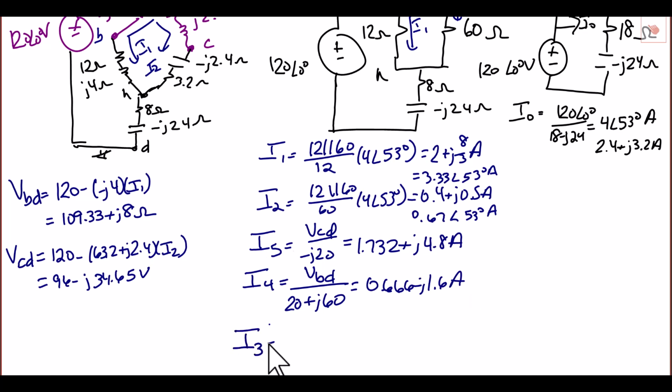I3 is equal to I1 minus I4, which equals I5 minus I2, which equals 1.332 plus J4.3 amps.